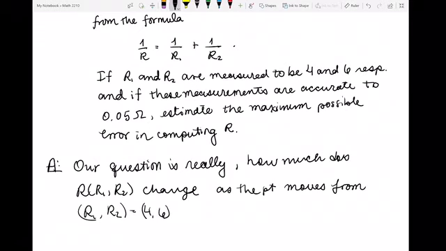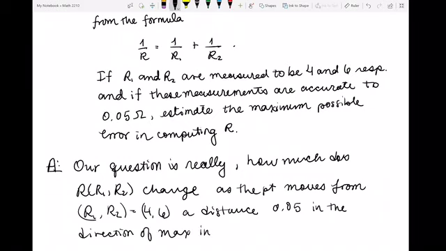Those are my ohms that they told me I was interested in looking at. A distance of 0.05 in the direction of maximum increase. Okay, let me just read through that one more time so you're with me on that.